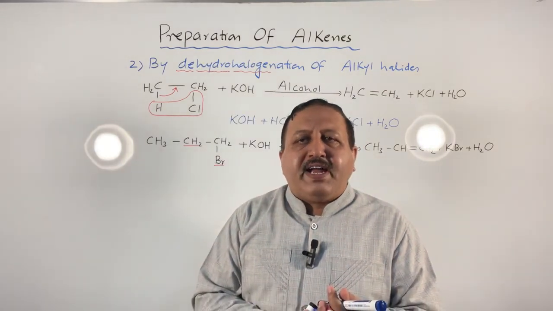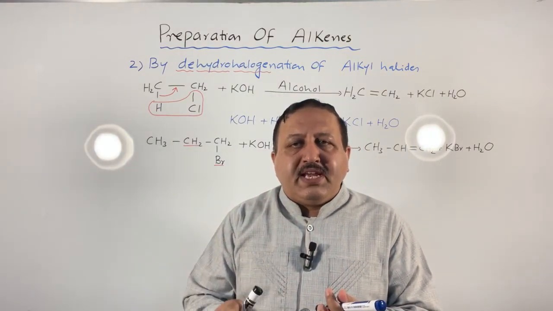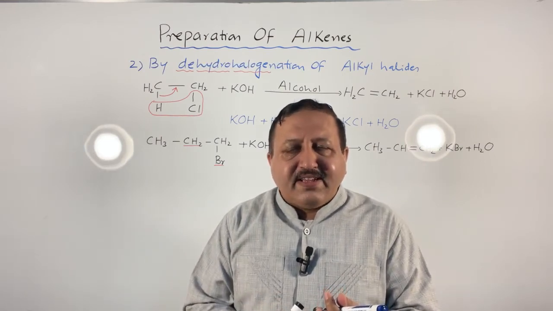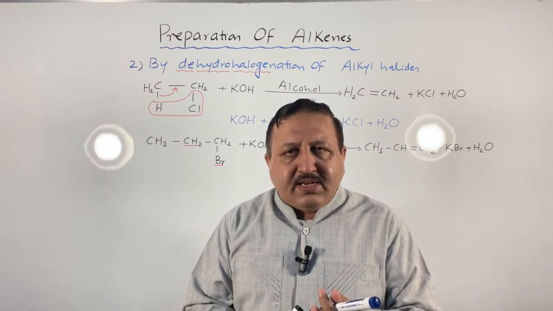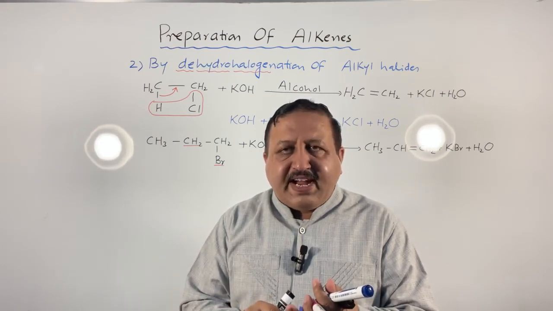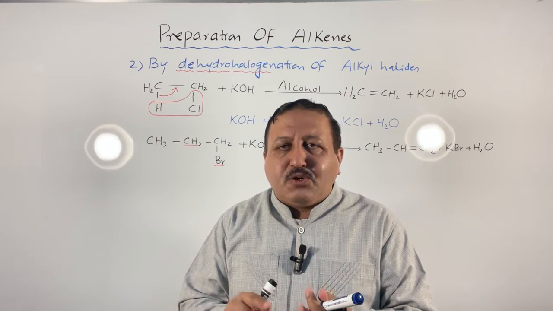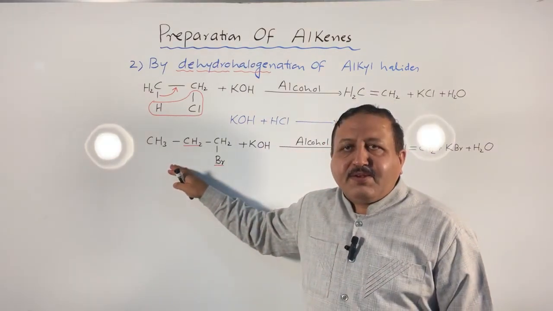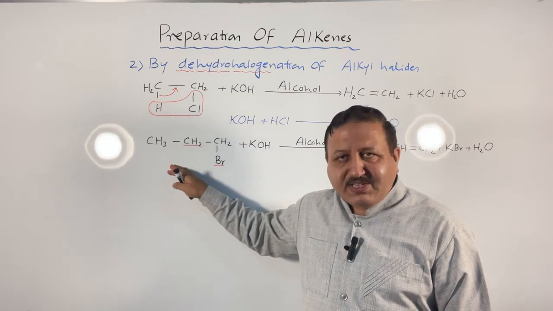How can you convert 1-butene into 2-butene? How can you convert 1-butene into 2-butyne? How can you convert 1-butene into 1-butyne? These are the different questions which can be taken from this method of preparation.